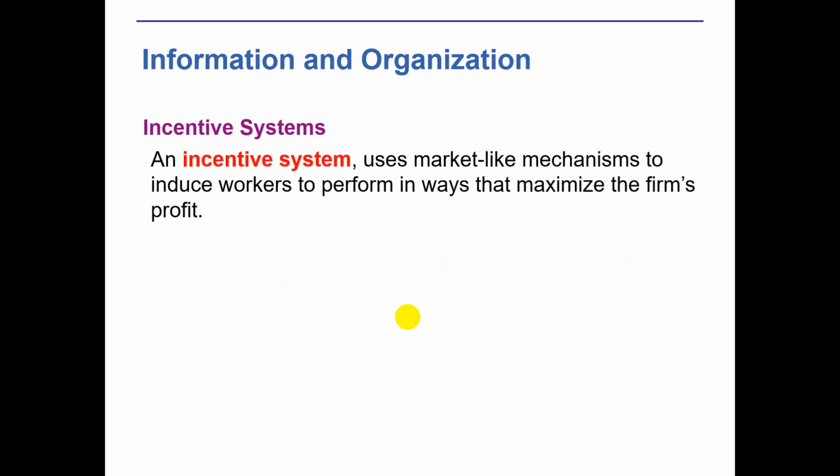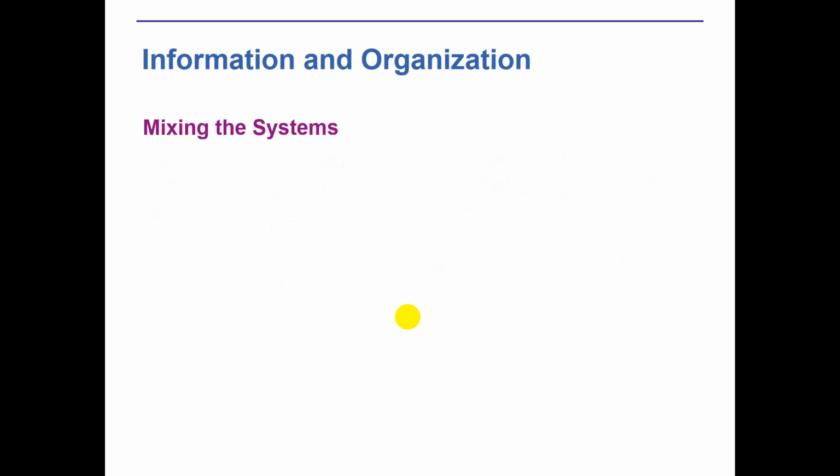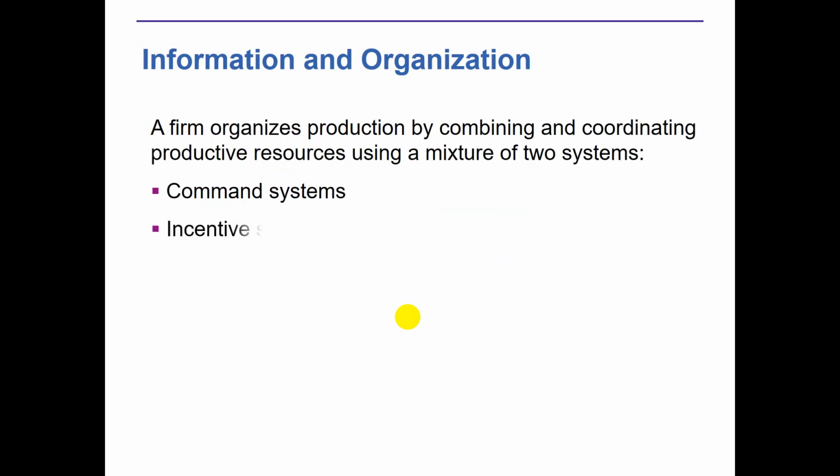On the other hand, an incentive system uses market-like mechanisms to induce workers to perform in a way that maximizes the firm's profit. We also have a strategy that is called the carrot and stick strategy. So the carrot is a kind of incentive, and the stick is the kind of command system.